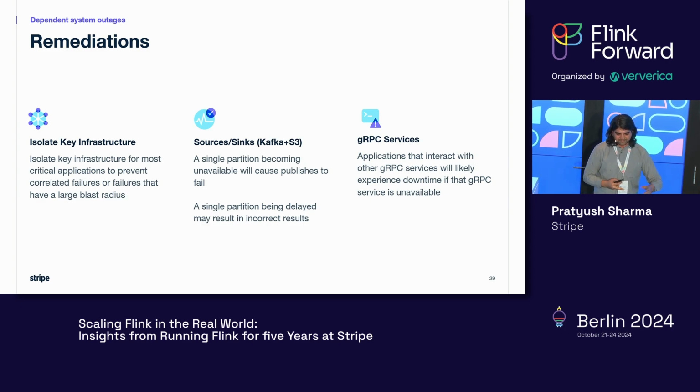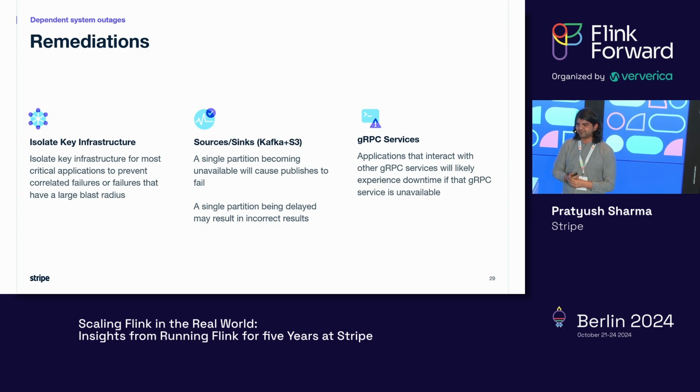For our remediations, we recommend isolating key infrastructure, ensuring that your failures don't have correlated Flink apps sharing the same infrastructure. Then sources and sinks should be highly available, like making sure Kafka and S3 have high availability, and gRPC services have DLQs.